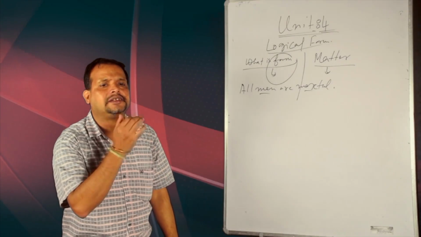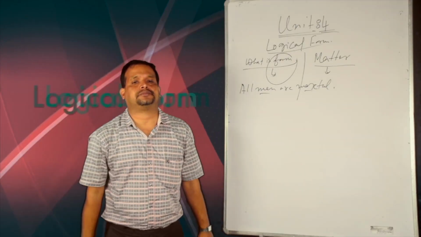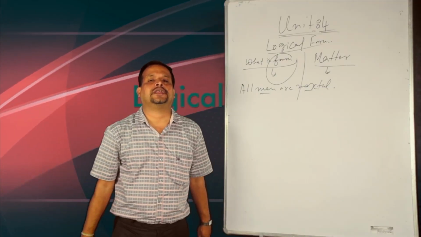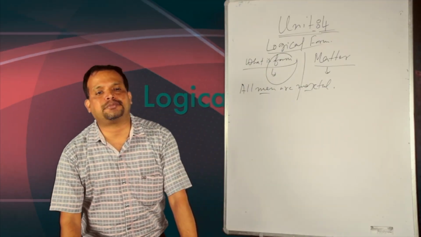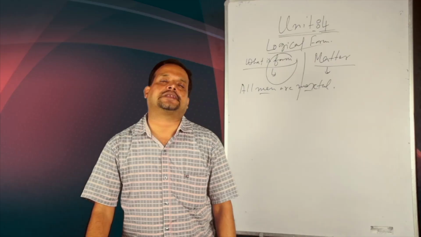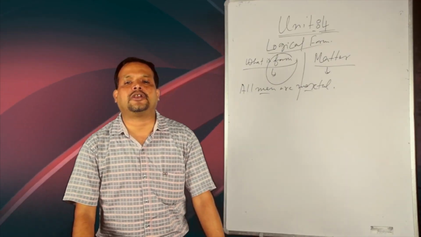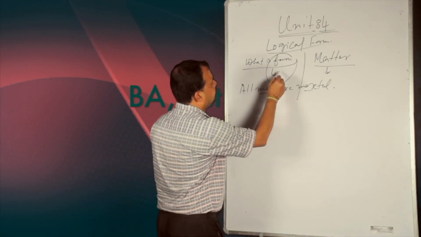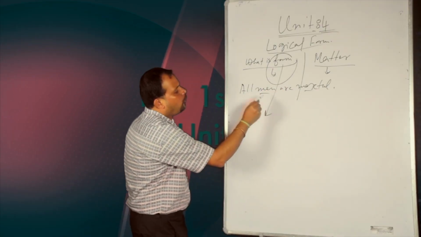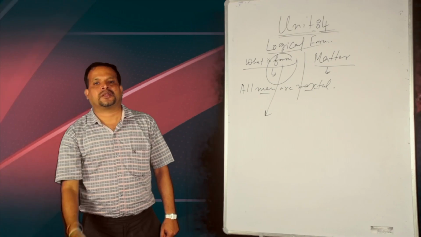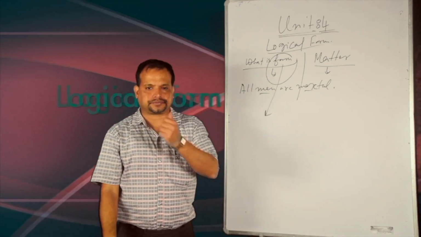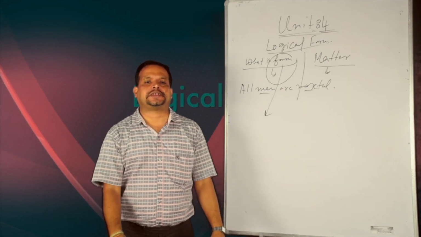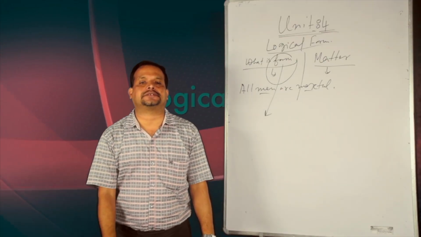Now you see, dear learners, it can be seen that the matter of a proposition or argument expresses the subject matter of the proposition or argument. On the other hand, the form of a proposition or argument expresses the way in which the subject matter is expressed.